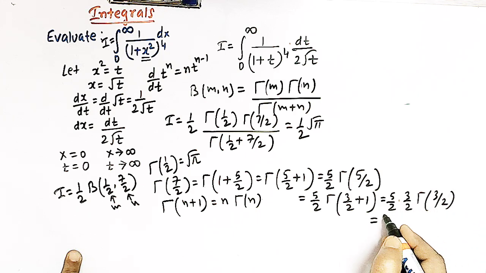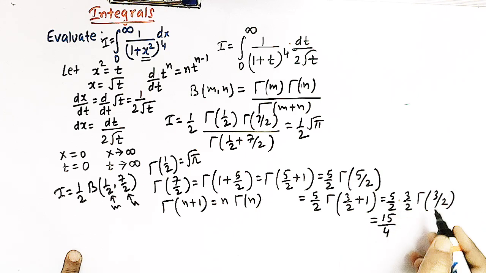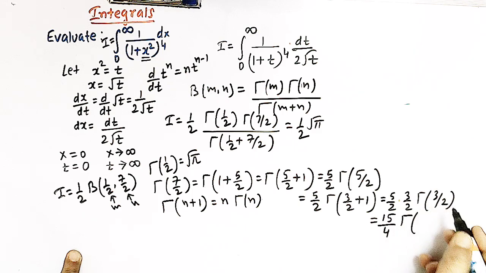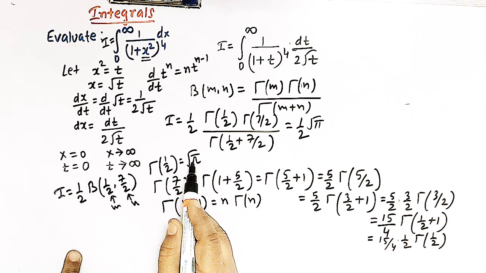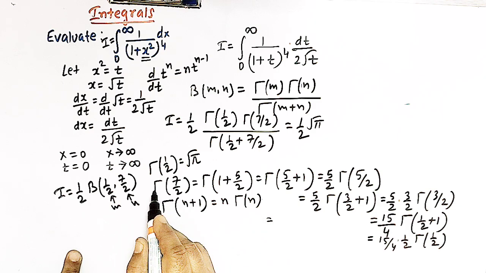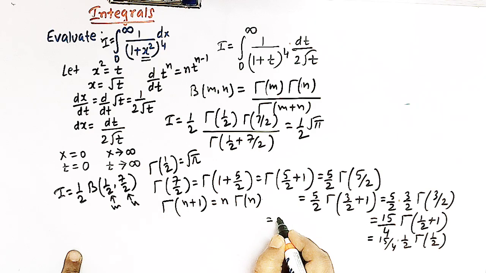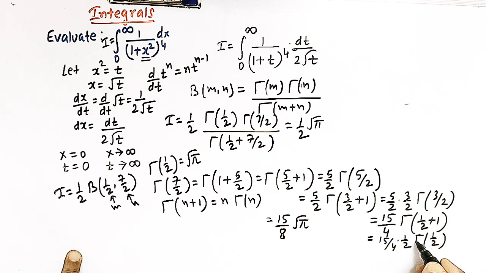So now this is 15 over 4, and gamma 3 over 2 can be written as half plus 1, right? And again applying this result, we have 15 over 4, and now the value of n is half, so we have half times gamma half. Now gamma half is square root of pi, so now the value of gamma 7 over 2 is given by, here we have 15 over 8, and here we have square root of pi for gamma half.